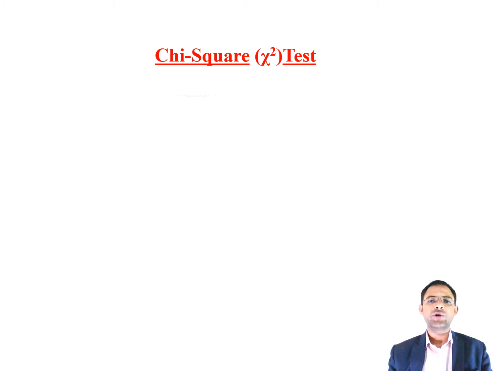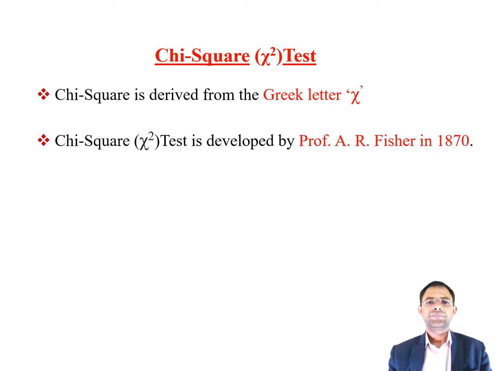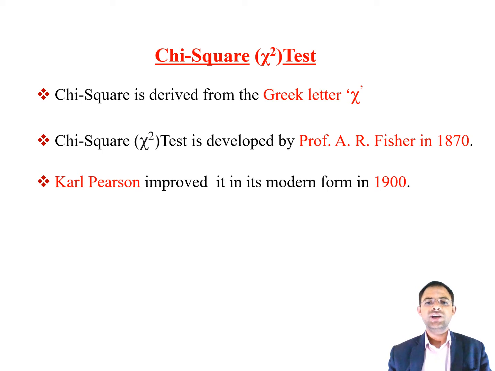Chi-square is derived from the Greek letter chi. The chi-square test was developed by Professor A.R. Fisher in 1870 and later on Karl Pearson improved it to its modern form in 1900.